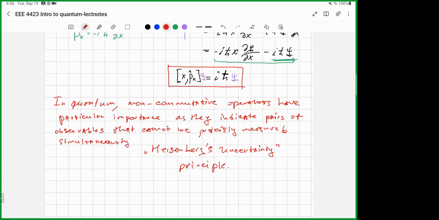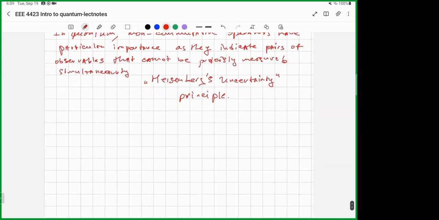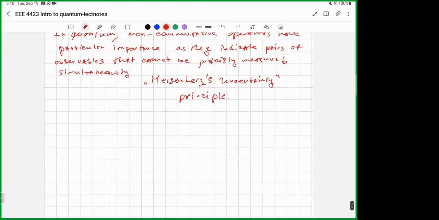Okay, before we resume, let us consider one problem in the matrix form. So, a problem about the commutation of operators in matrix form.